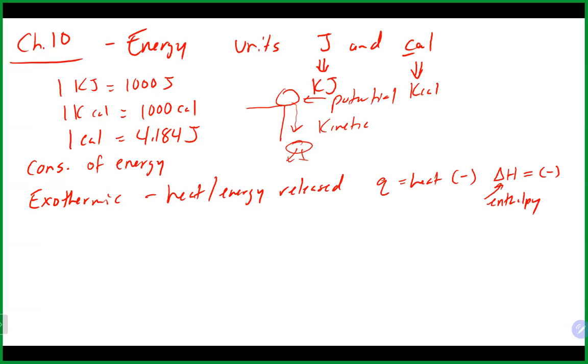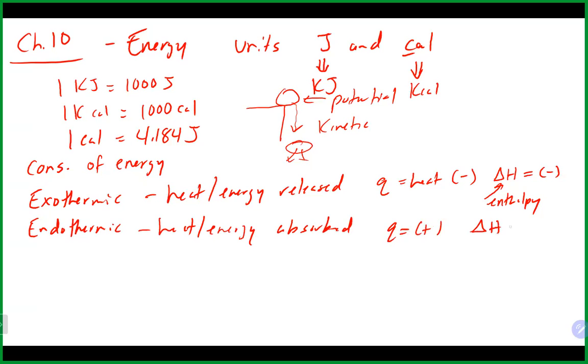So a negative value for energy means that it's exothermic, heat and energy is being released. That is the opposite of endothermic, where heat and energy is absorbed. Our values for Q would be positive, and our value for delta H would also be positive. Speaking of delta H, it is the enthalpy of a reaction.